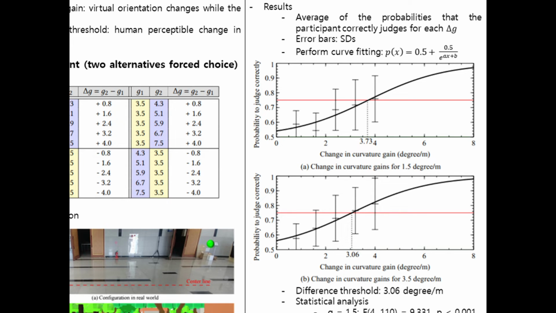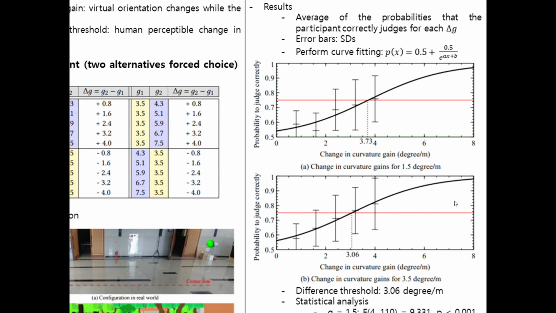Using these bold lines, I found the difference threshold for curvature gains of 1.5 and 3.5. In general, the difference threshold is shown at a probability to judge correctly of 0.75.